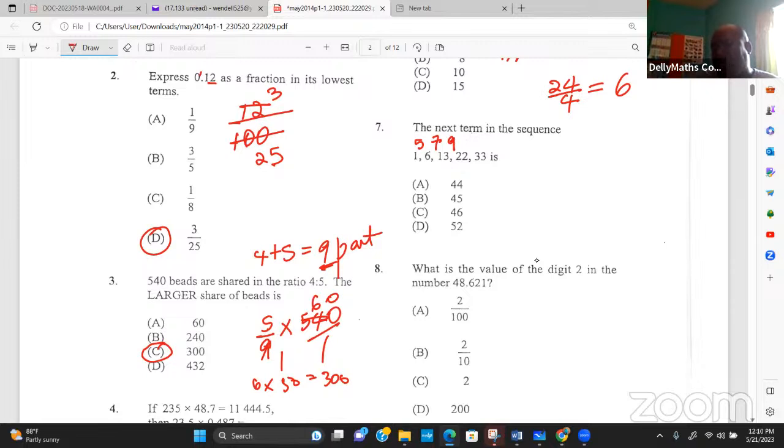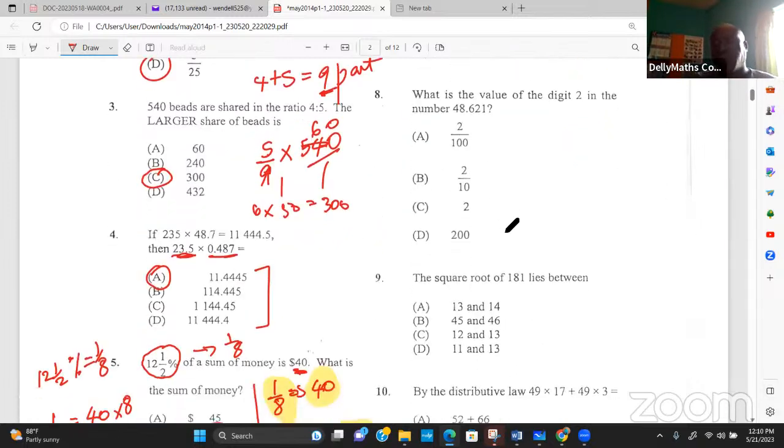Between 22 and 33? That's 11. Looking at the differences between consecutive numbers, we're adding 5, then 7, then 9, then 11. So this time I am going to add 13 to 33, and my answer should be 46. So you're definitely seeing the pattern.